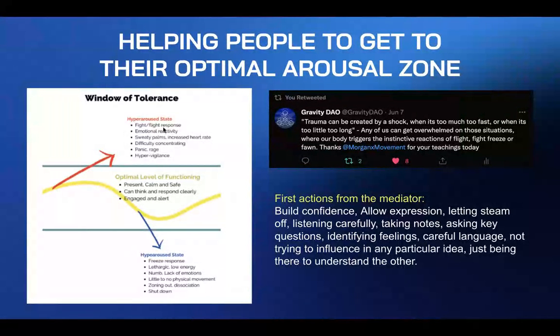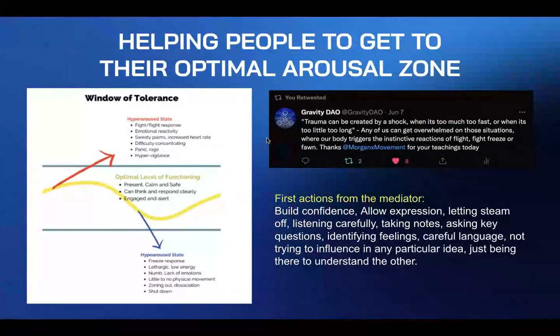One, when we are hyper-aroused, when we fight or flight, and there's an emotional reactivity, or a hypo-aroused state where we have a freeze response, a lethargic, a low energy, a negation of the situation.